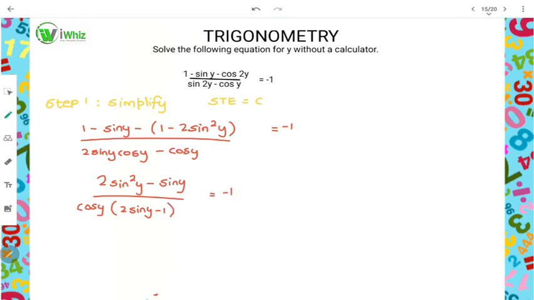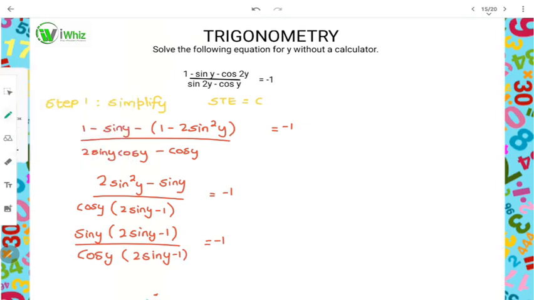Once I've done that, I can take a common factor out from the top. What can I take out as a common factor? I can say sin y is my common factor, all over 2 sin y minus 1, all over cos y into 2 sin y minus 1, equal to minus 1.